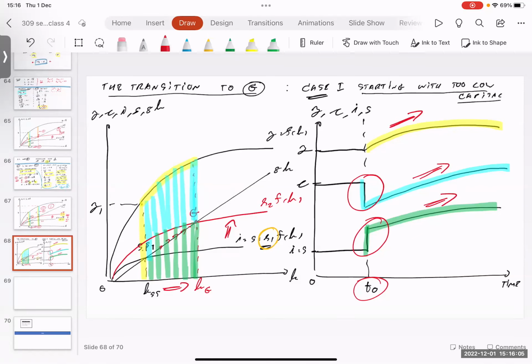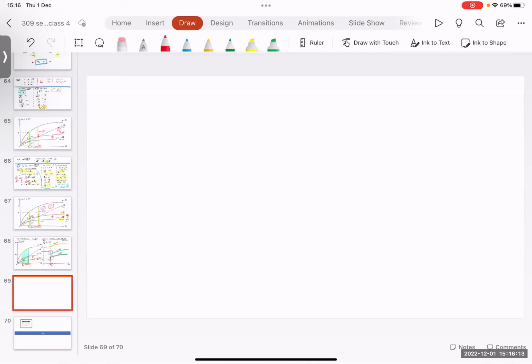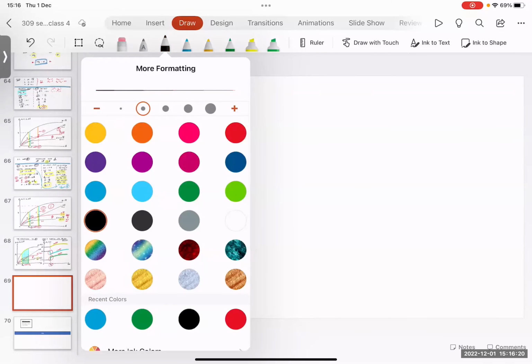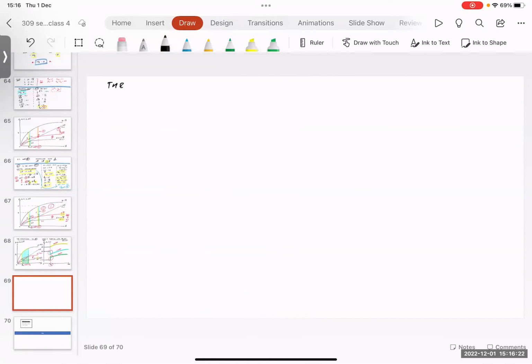Good, good. Any question? Okay, then last one, the opposite case. Okay, still the same, the transition to the golden blue point. This is case 2.